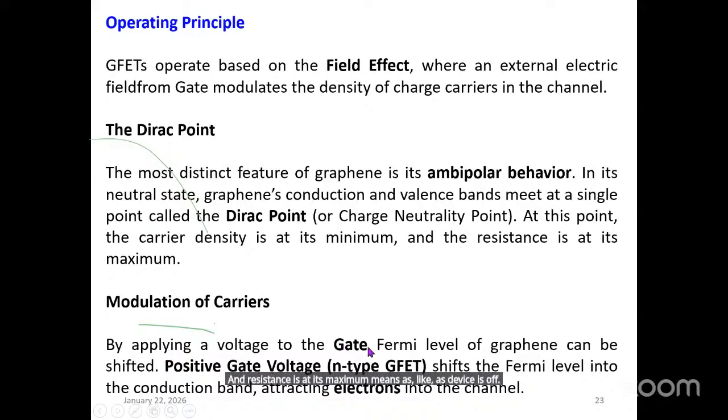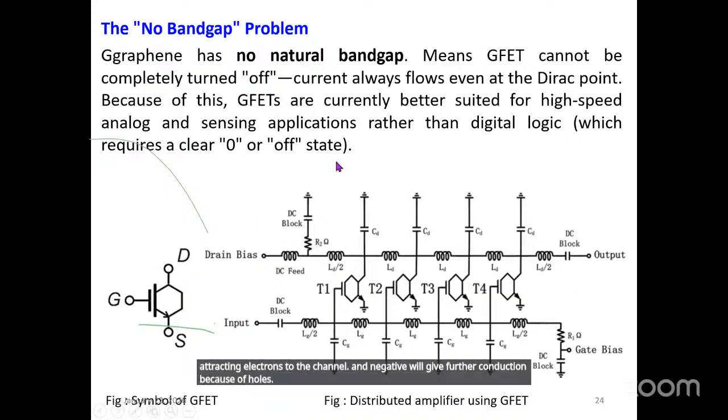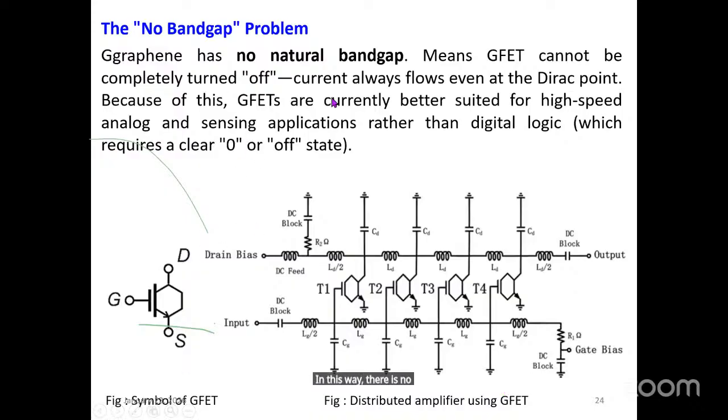But when we apply voltage to the gate, the Fermi level of graphene can be shifted. Positive gate voltage shifts the Fermi level into the conduction band, attracting electrons to the channel, and negative gives conduction because of holes. In this way, there is no band gap. No band gap is again an advantage of graphene FET.